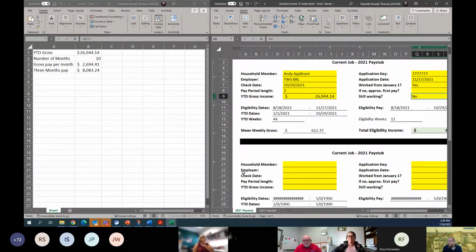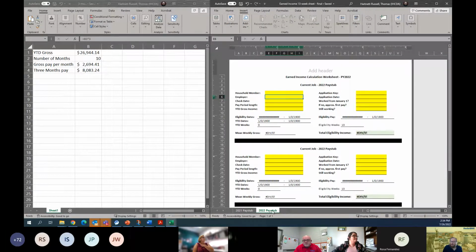Okay, so Hannah, do you remember with those ones, if you notice at the bottom of this workbook, I actually do have a second sheet, which is for a 2022 pay stub. And it calculates slightly differently to reflect, especially, those first 13 weeks of the year.